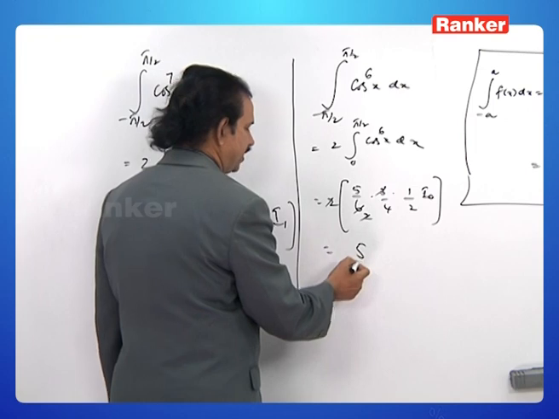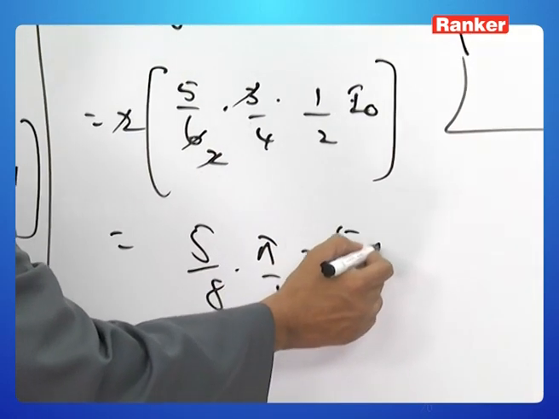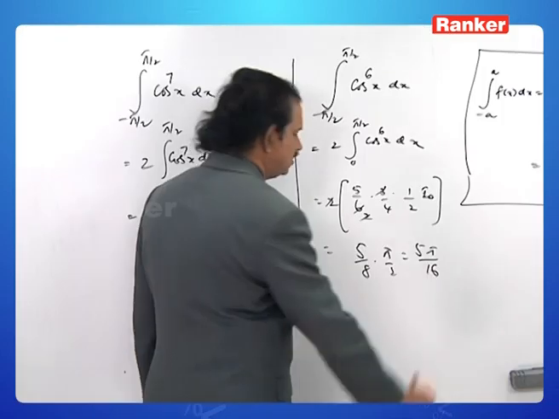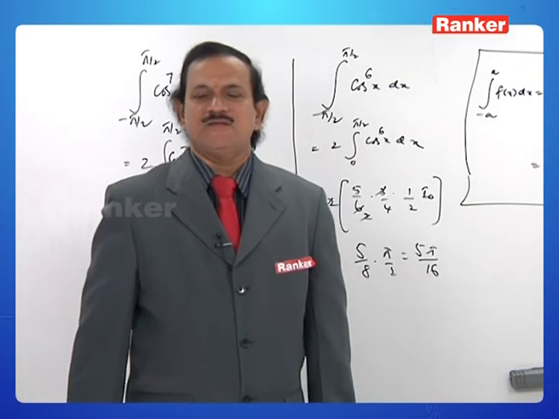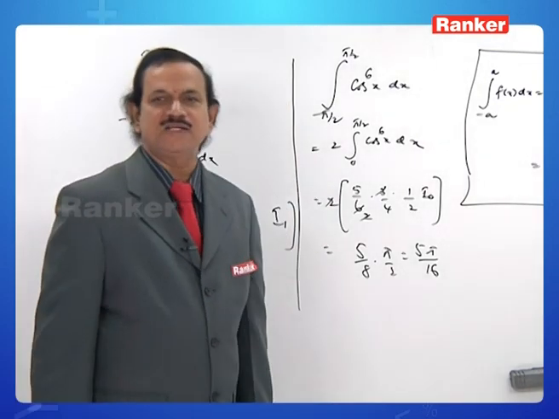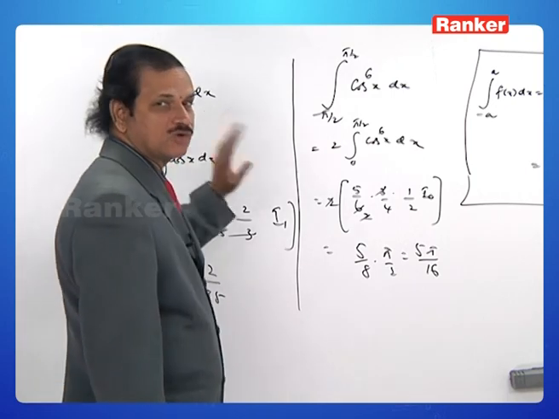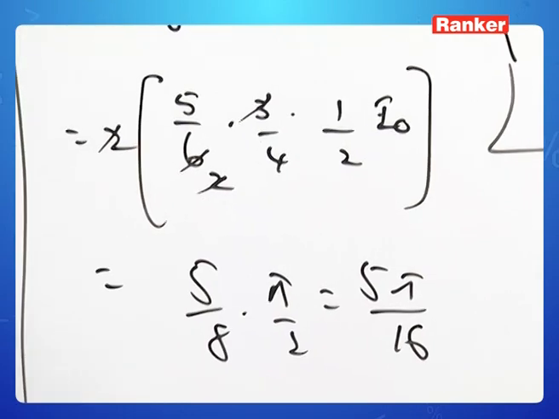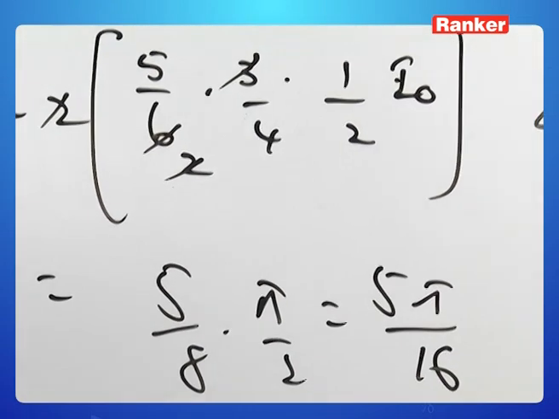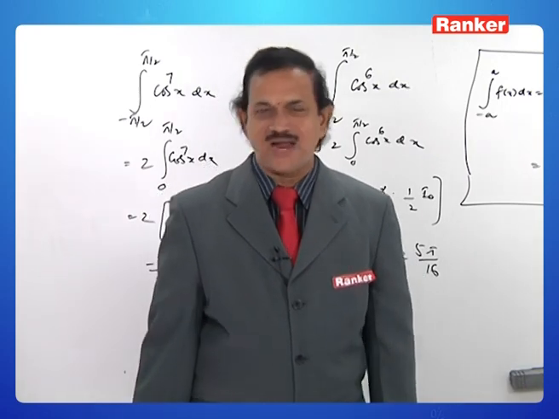Altogether this is 5 by 8 into what is I0? Pi by 2. Hence the total ultimate answer is 5 pi by 16. In this way, we make use of Wallis formula. Even though it is not in the standard form, we of course bring it into the standard form. Let us now observe one more occasion in which it is needed to bring it into the standard form.